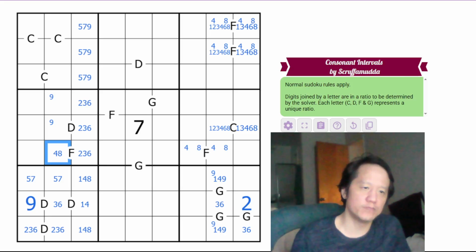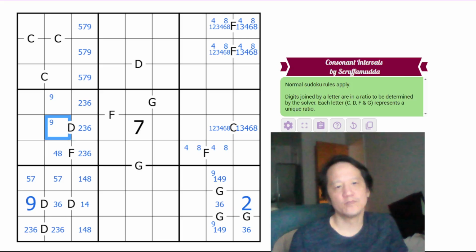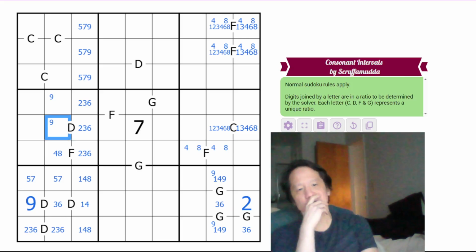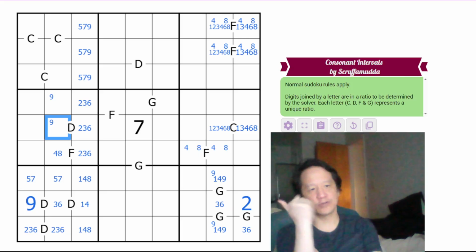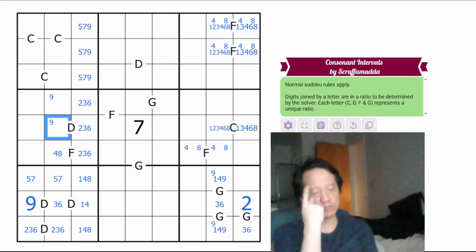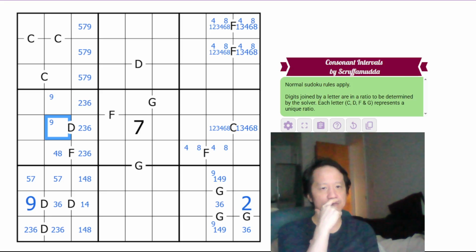No. 4 has to be with 1 in the 4 to 1 ratio. 8 could be with 2. 8 could be with 6. 4 could be with 3 here. D is either a 3 to 1 or it's a 2 to 3, 1 to 3 or 2 to 3 ratio.